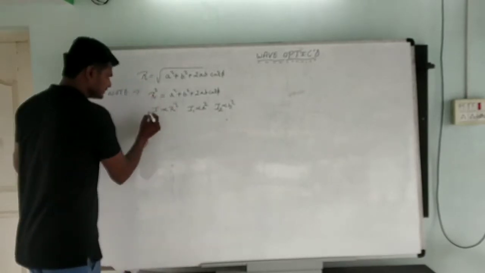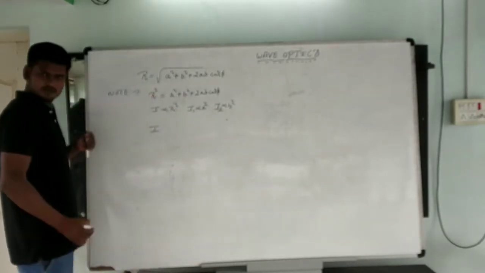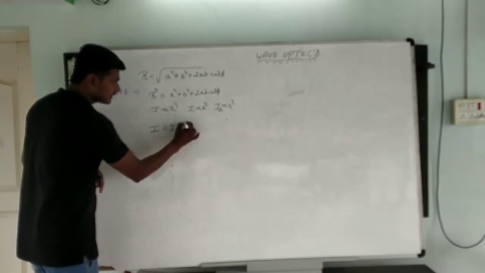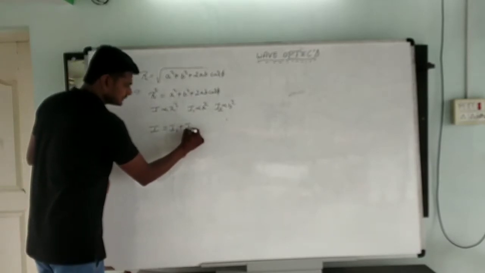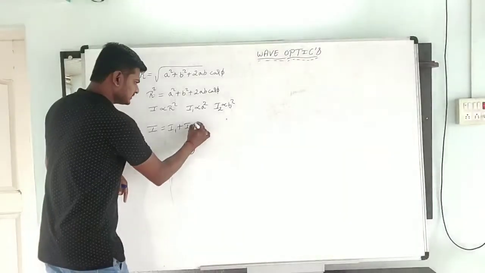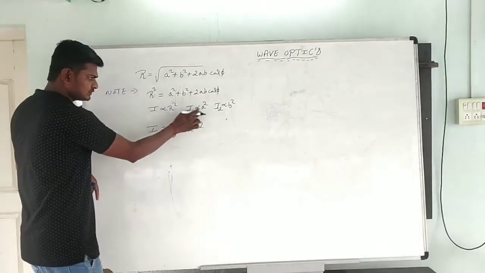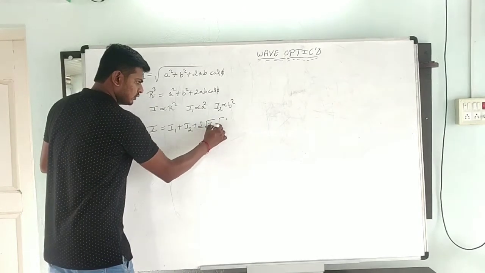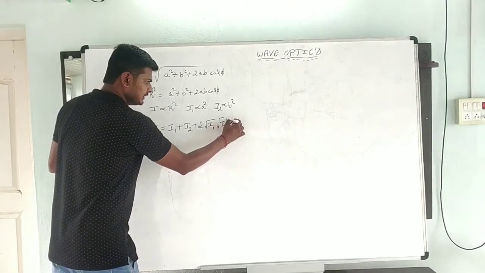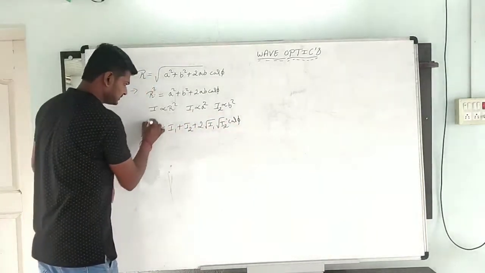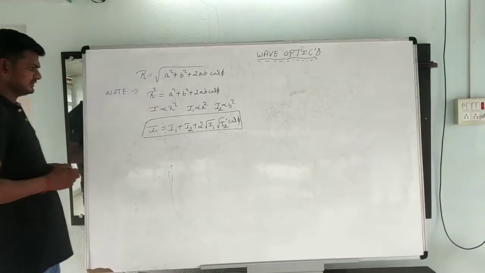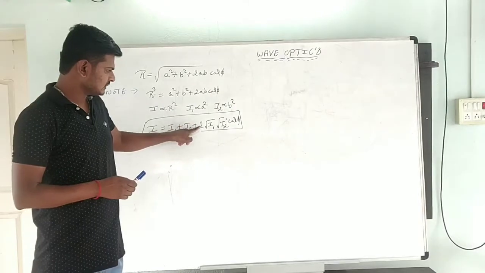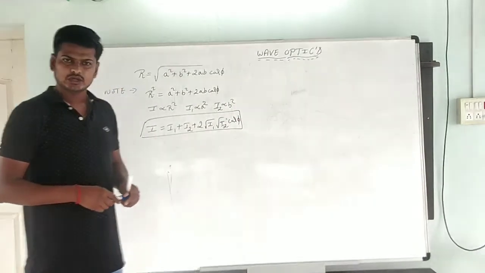Now when I write this equation, R square means I, A square means I1, B square means I2, plus 2, A means root I1, B means root I2, into cos phi. This is the expression for resultant intensity: I is equal to I1 plus I2 plus 2 root I1 root I2 cos phi.